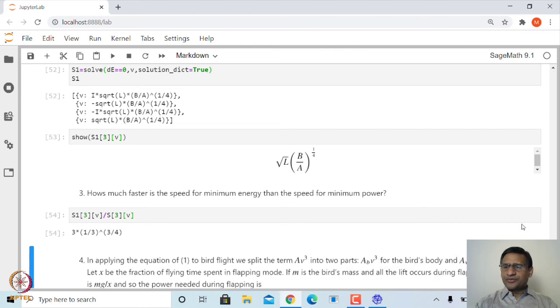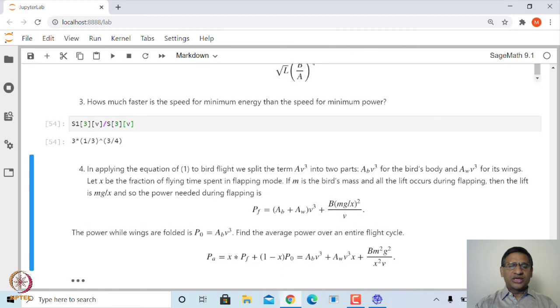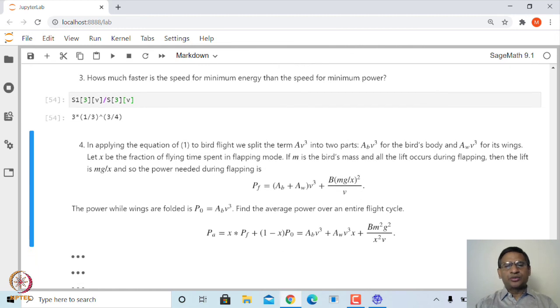The fourth problem is, suppose we apply this to bird flight, and in this case the term a v cube is split into two parts, a b v cube and a w v cube.